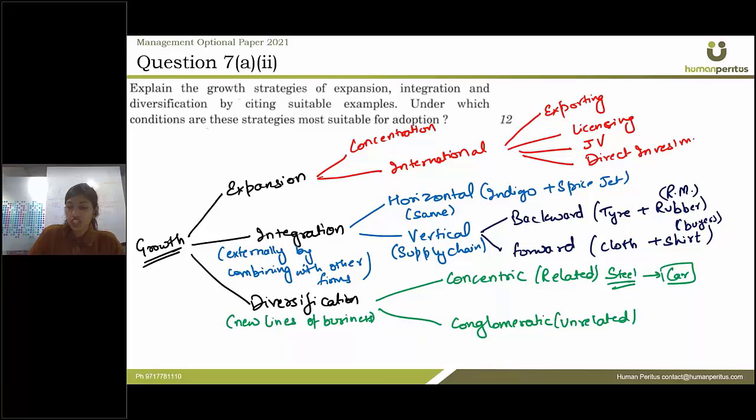So there are various modes of going international. The firm can expand internationally by either starting exporting, or by giving or taking licensing rights, by forming joint ventures, or by investing directly in foreign firms.